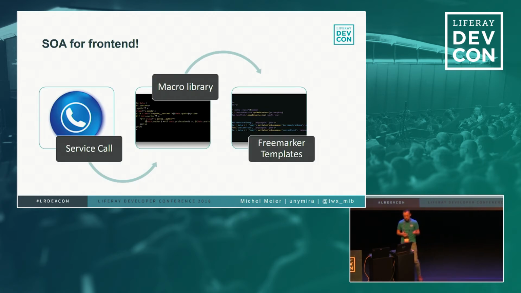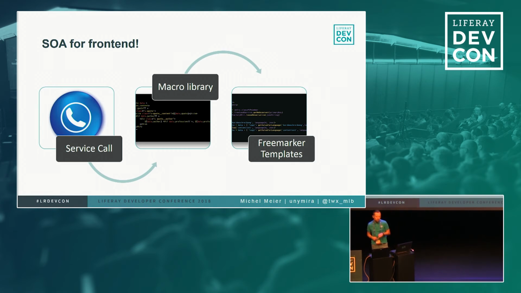So our idea was to abstract all this and hide logic in a macro library. The FreeMarker templates, the actual ADTs, just contained what label to display, but they did not contain null checking or, if the value is not there, use a default. This was all abstracted in this macro library.